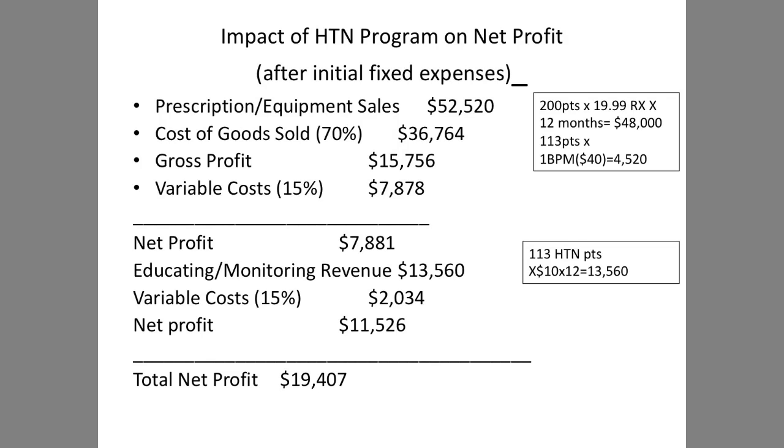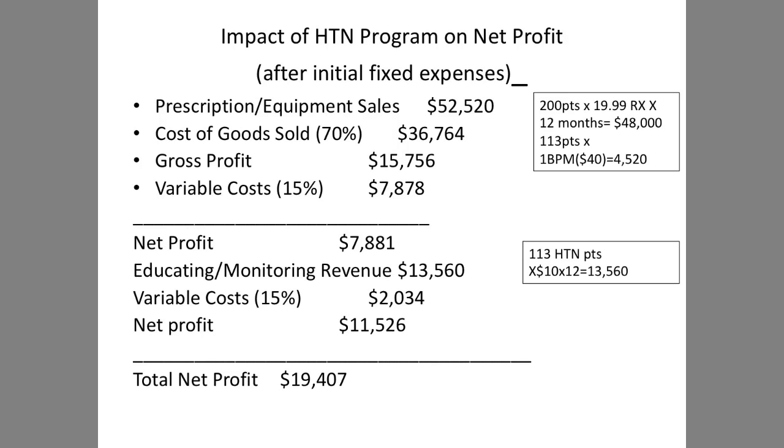That is a way to project my total sales. Say only 113 of the 200 are interested. Then I take 113 times 40, and that's my sales in blood pressure machines. So my total sales with prescriptions and equipment was 52,000.